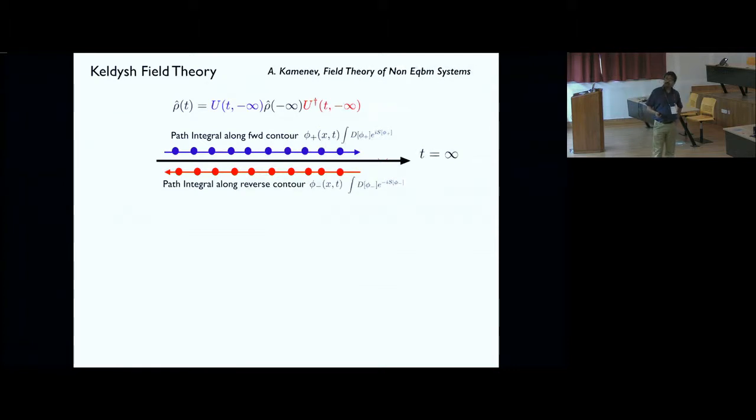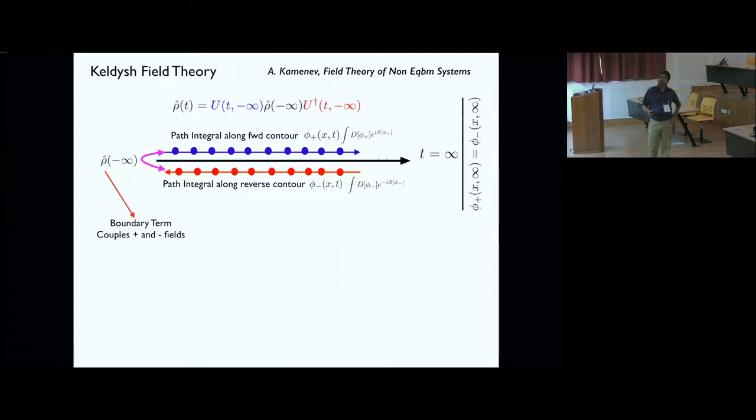However, there are some more things. You might think, oh, these are independent uncoupled fields. That's not true. One thing that you need to satisfy is that at very large times, the plus and minus must be equal. So that's a boundary condition for the Keldysh field theory. And when you go to very large negative times, you have some density matrix you started with. The matrix element of this density matrix will start coupling the plus and minus fields.